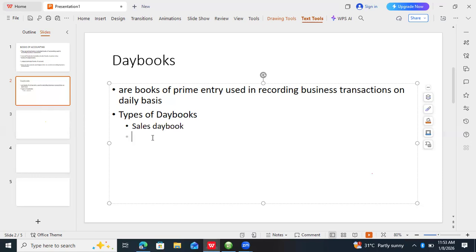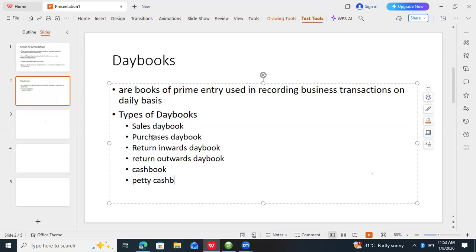Exactly. We would have the purchase or purchases day book. Okay. Then we have the return inwards day book, and we have the return outwards day book. Then we have the cash book. Okay, we have the petty cash book, and then we have the general journal.